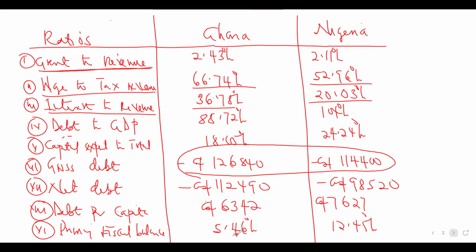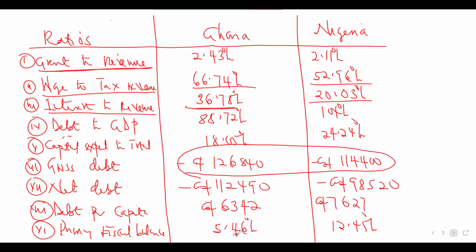Okay, so for the current year under consideration, 36.78 of the total revenue of Ghana is being used to pay or to settle interest. Interest expense forms 36.78 of the total revenue of Ghana as compared to Nigeria, that is 20.03.